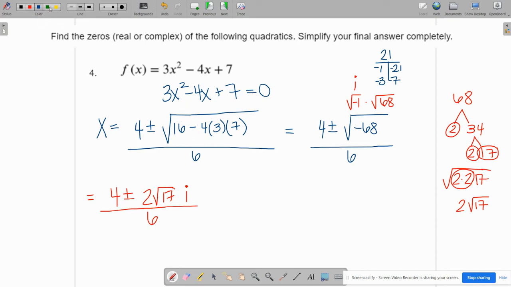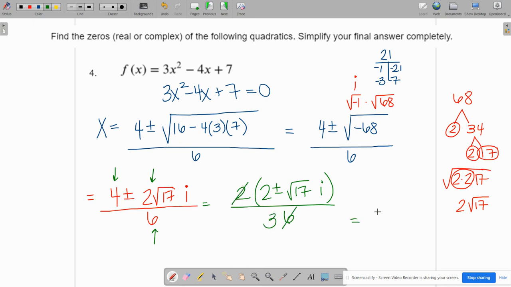I can see there is a factor of 2 in this term and in the bottom. So if I factor a 2 out of the numerator, I would have 2 plus or minus root 17i over 6, and 2 over 6 reduces to 1 over 3. So my final answer here would be 2 plus or minus root 17i over 3.